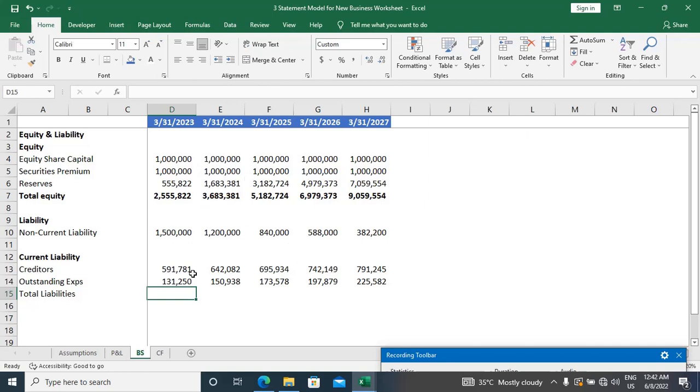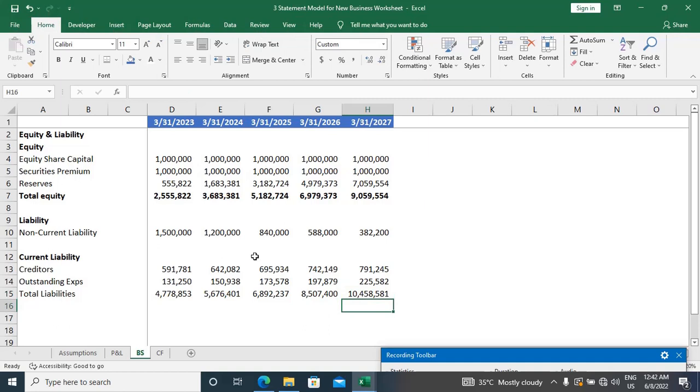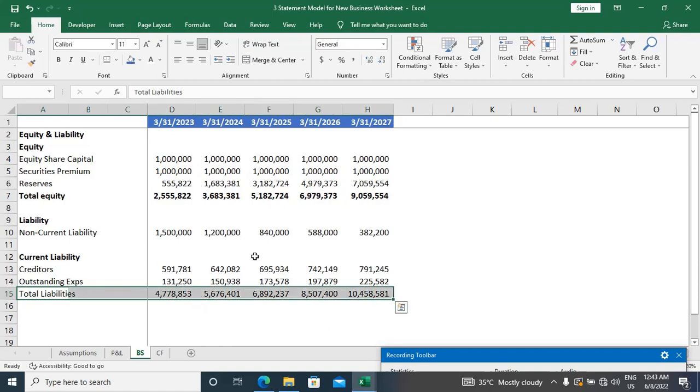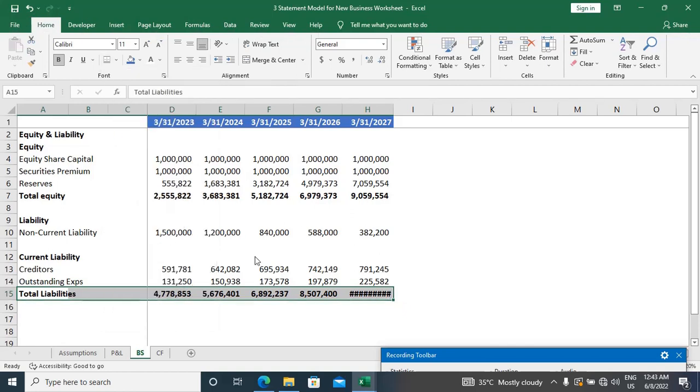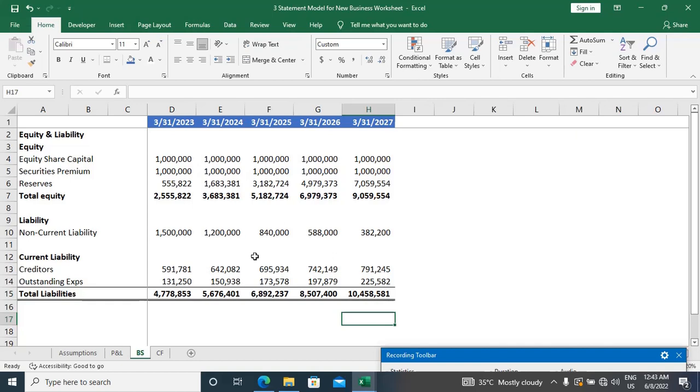So total equity plus these two equal to, then it is your total equity plus non-current plus this, or simply you can even use a sum function also here, it's up to you. So this is the total liabilities part.